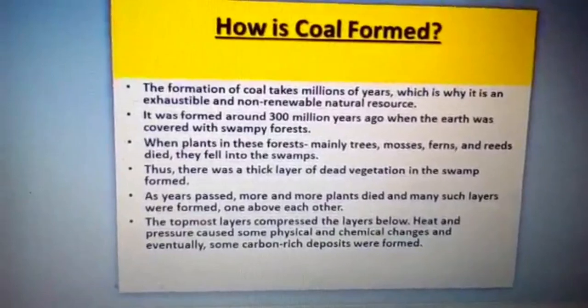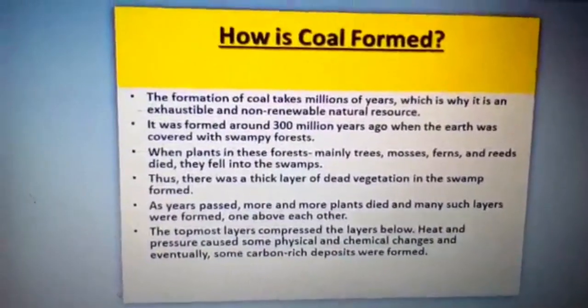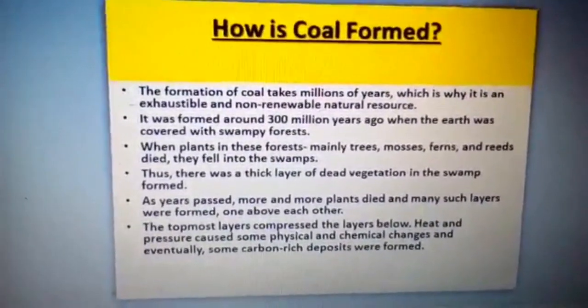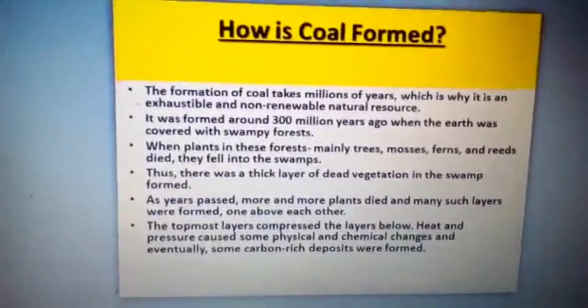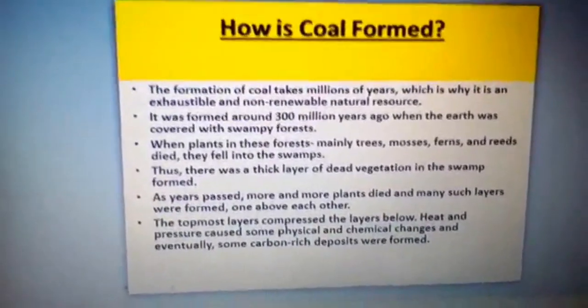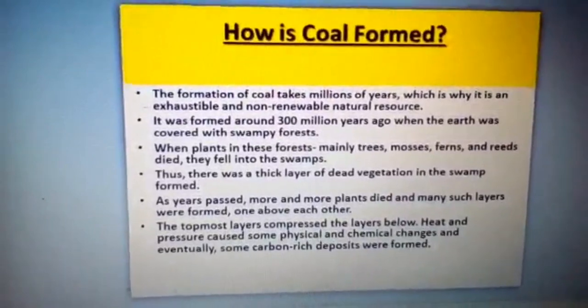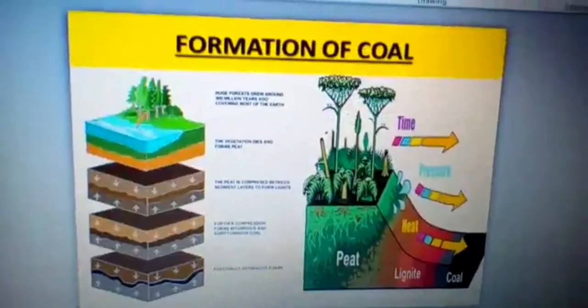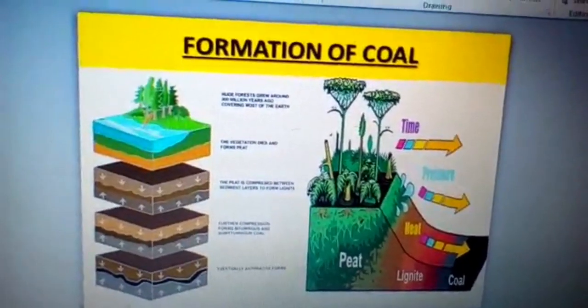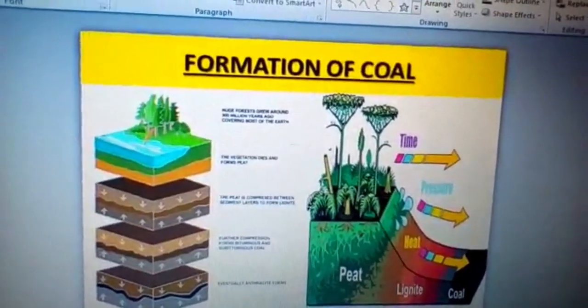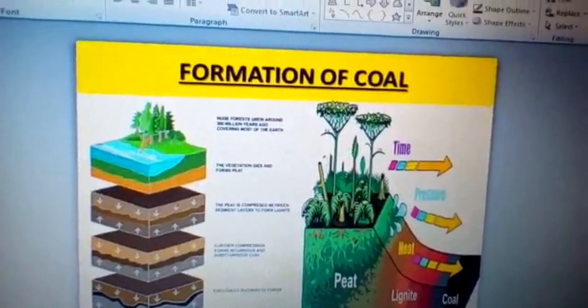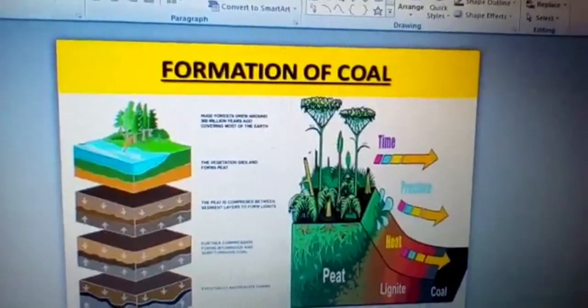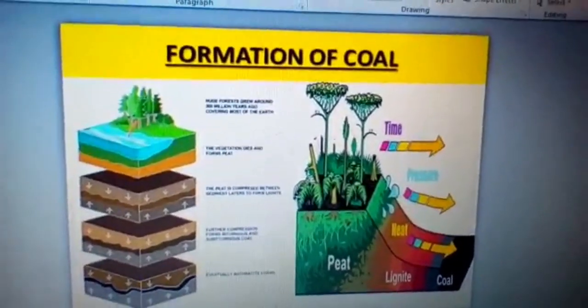You can easily understand from this also, but we have already discussed the three basic criteria, that is your time, heat, and the pressure applied to all the sedimentary layers which were formed, and the buried vegetation gradually turned into coal.